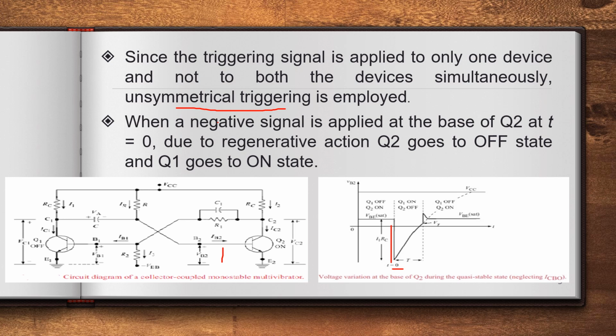Due to regenerative action, Q2 goes off and Q1 goes on. Initially Q1 is off and Q2 is on. Upon the application of external triggering, it enters another state where Q1 is on and Q2 is off.